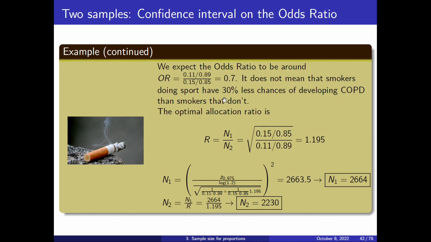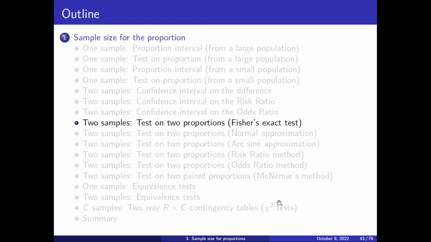And the optimal allocation is again the same one. If you want such a high precision in the odds ratio, 20% of precision is pretty high, you need many individuals, 2600 and 2200. This would be all for the construction of confidence intervals of two samples.